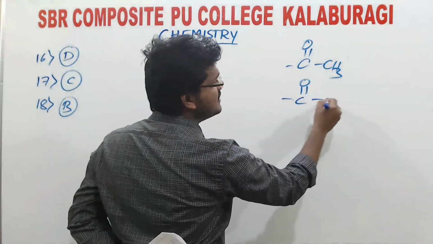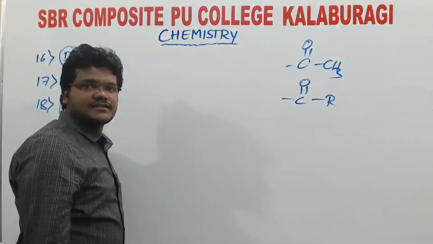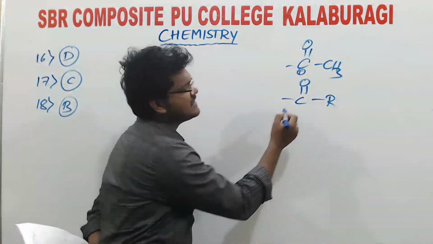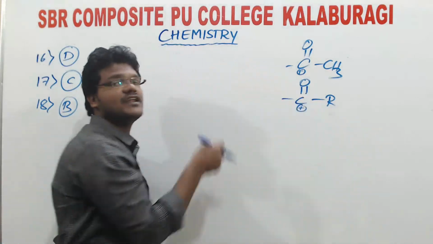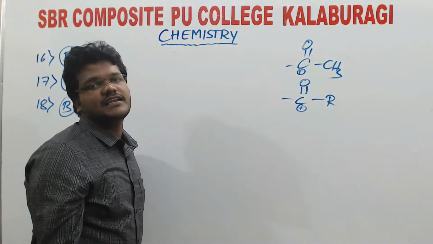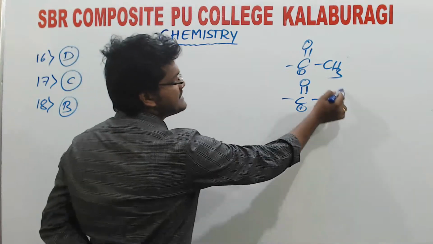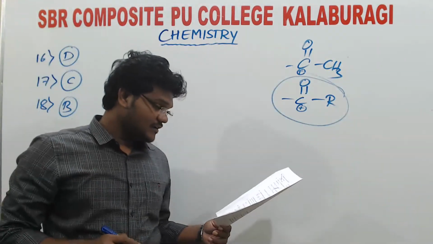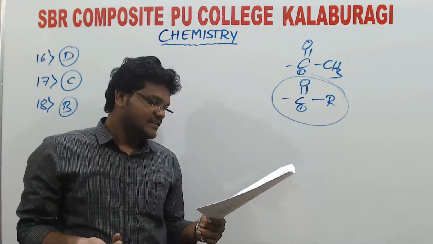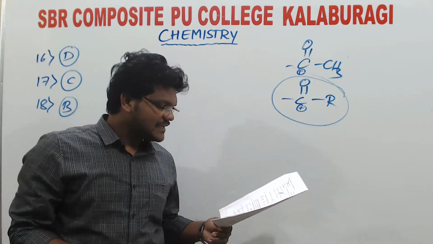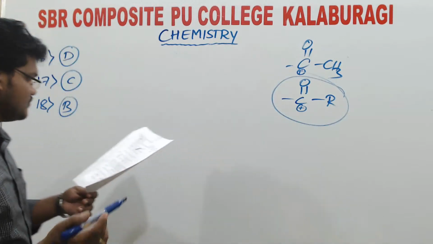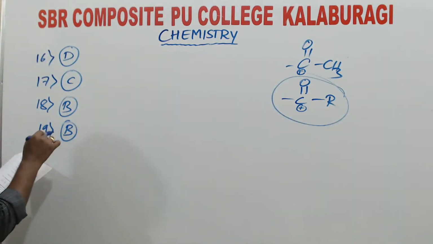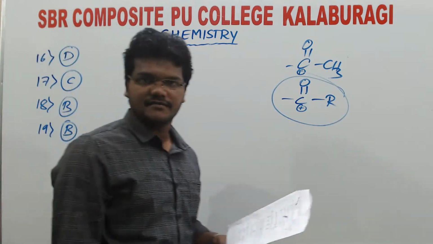Acylation generally means here I'll be having an acylium, so there should be a positive charge. That is nothing but this compound. This is the electrophile in case of what? Acylation. Correct? Obviously, this is my answer, and that is nothing but my option number B. So for question number 19, option B is the correct answer.